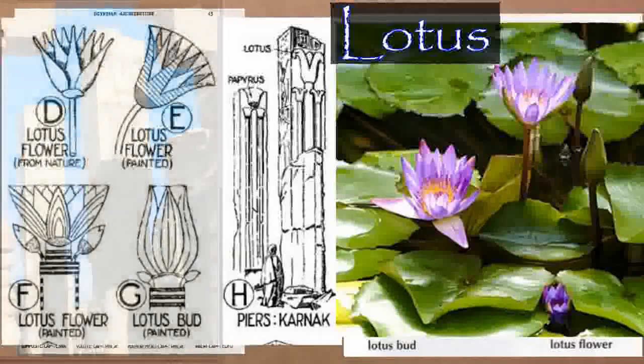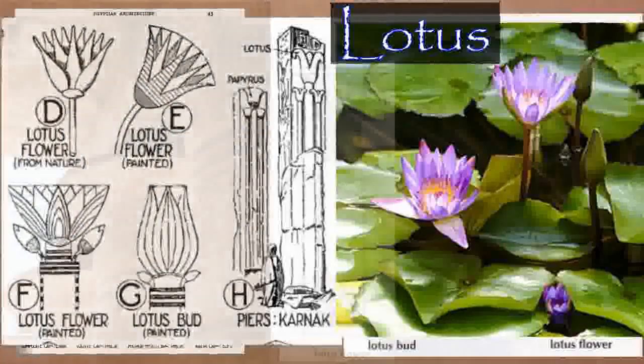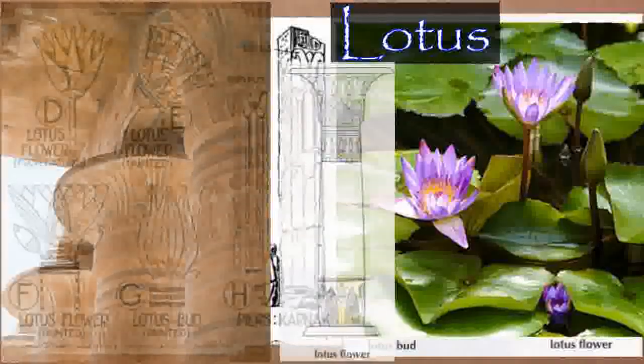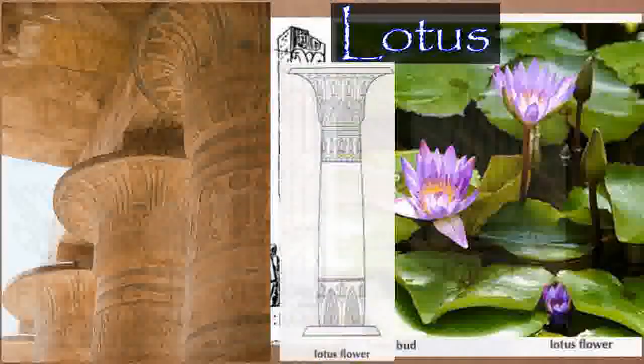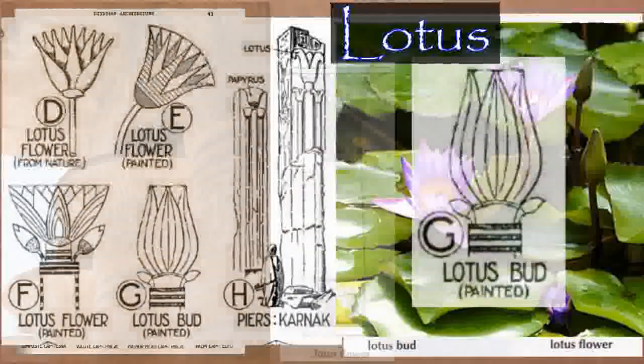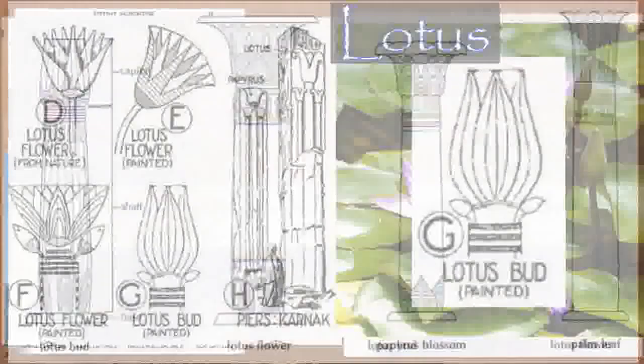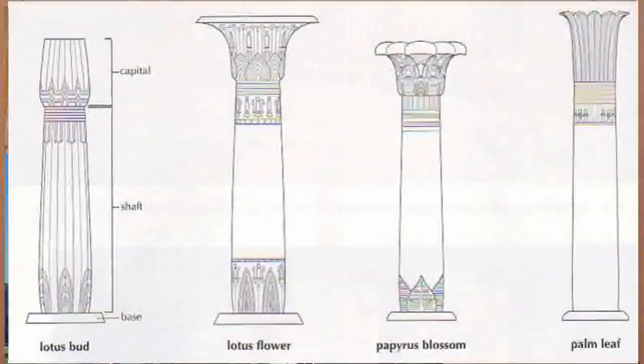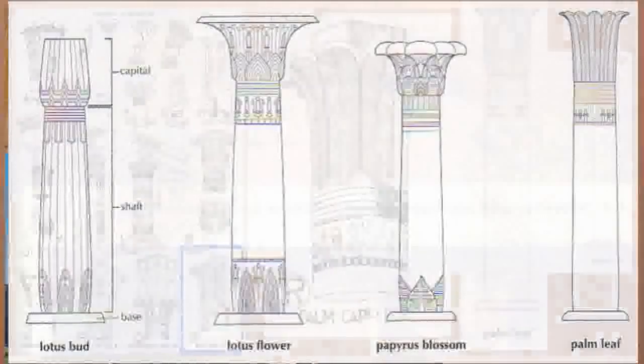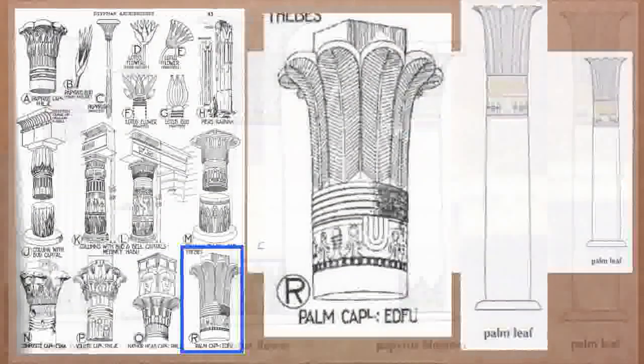And there, you can see the way that the lotus plant opens, and how that would be a nice illustration for those Tower of the Winds capitals. But lotus bud is another style of capital, and so you see in Egyptian lotus, papyrus, and palm leaf features.